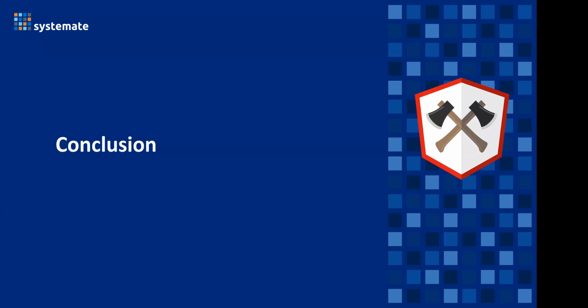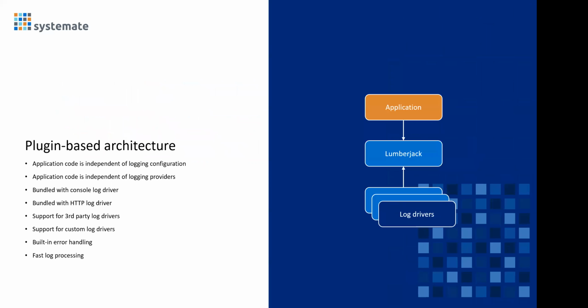Let's see what all of these decisions and designs give us. The plugin-based architecture, if you remember, all the dependencies are pointing towards Lumberjack. This means that most of your application code, except for that app module, but all the services and components using Lumberjack, won't have to change when you're adding or changing your logging configuration or your logging providers.